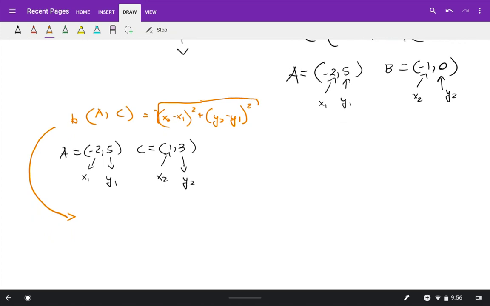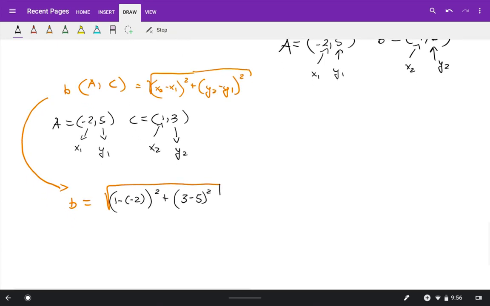So b is equal to, let's plug into the distance formula, x2 minus x1: 1 minus -2, squared, plus y2 minus y1, which is 3 minus 5, squared. That gives us the square root of 1 plus 2, which is 3, 3 squared is 9. 3 minus 5 is -2, squared gives 4.